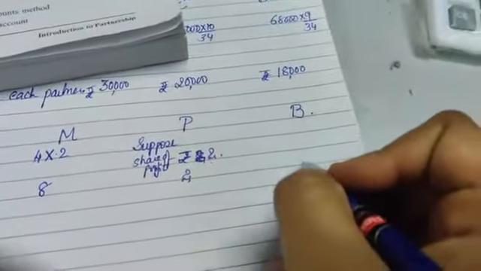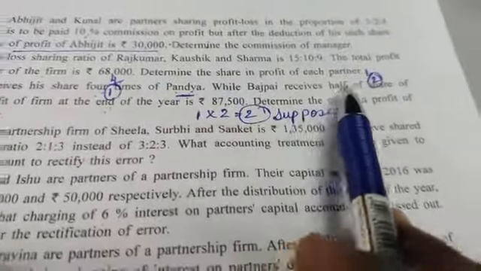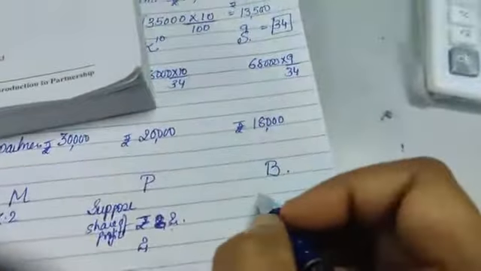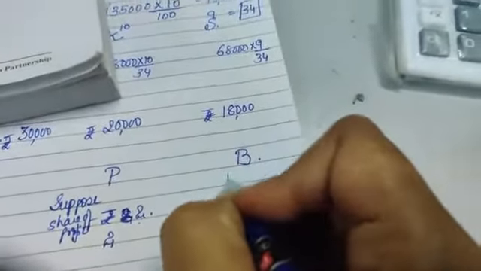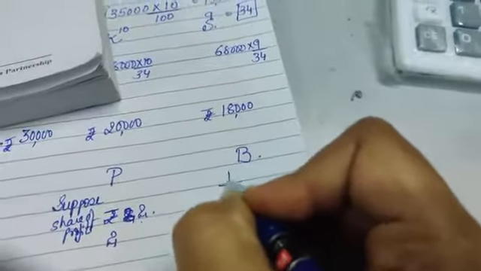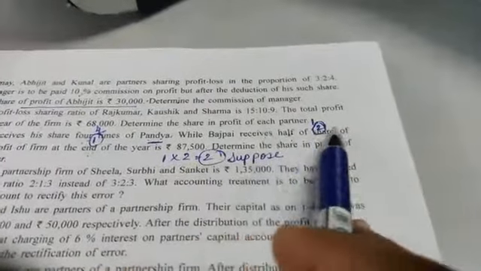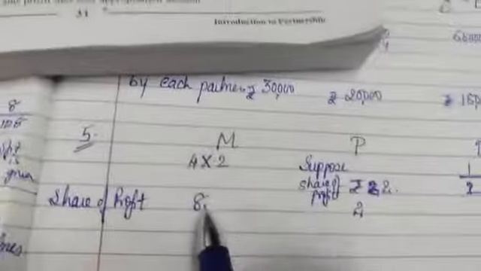Now we will find it for Bajpai. See what they have given for Bajpai: Bajpai receives half of the share of Mehta. So first, half is given, so we write half, that is 1 upon 2 of the share of Mehta.